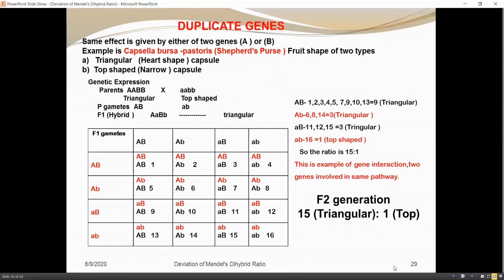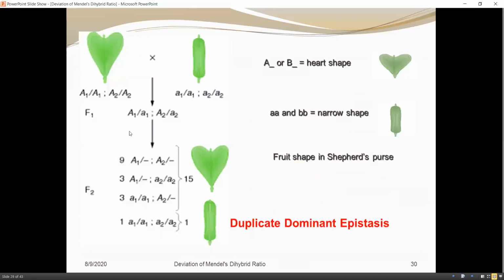We can see in the next slide that the ratio becomes 15:1. This is the triangular shape and this is the top shape. When two such crosses are made, F1 will be triangular and F2 will have 15:1 ratio. The first 9 combinations, then 6, 8 and 14, 11, 12 and 15, all will be triangular. Only 16 will be top shaped.